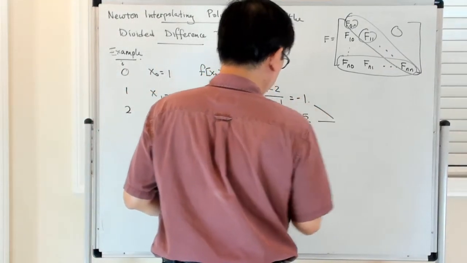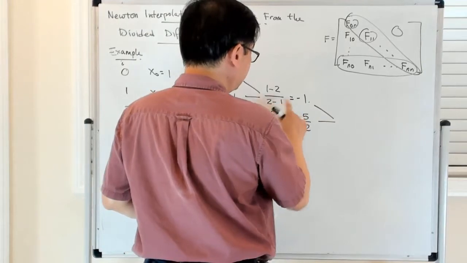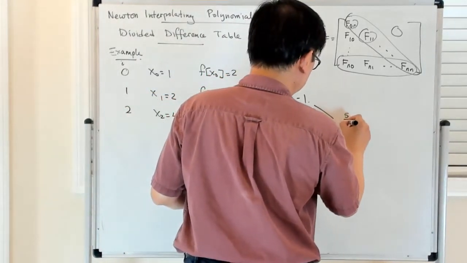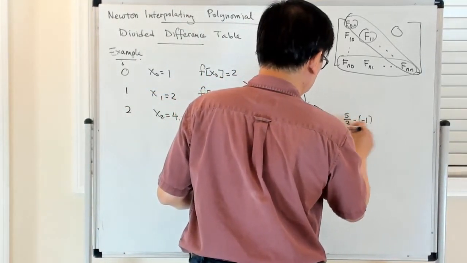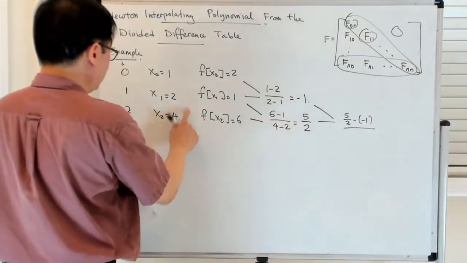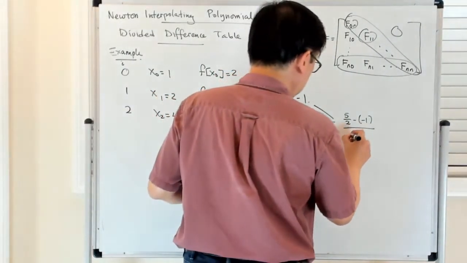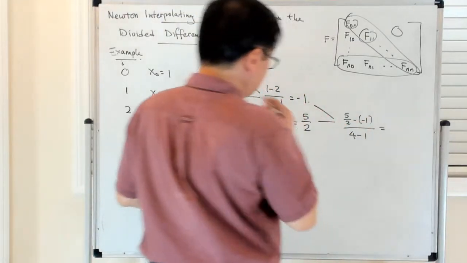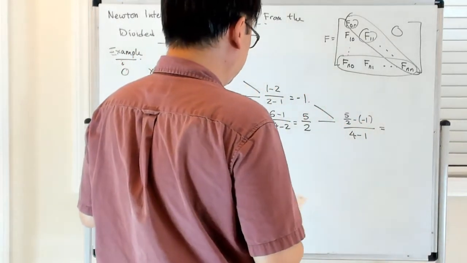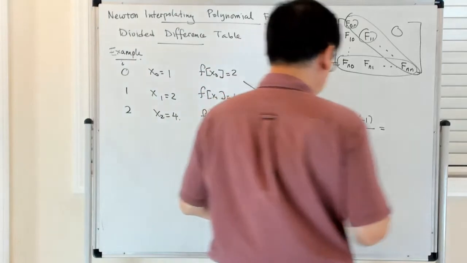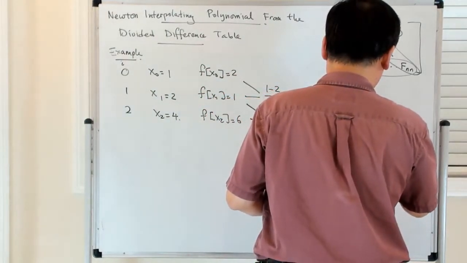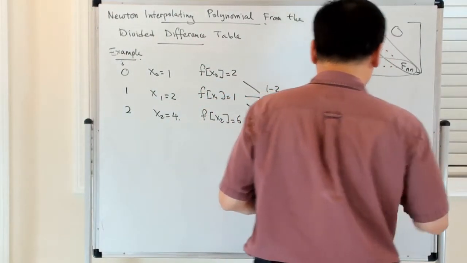And then this divided difference is 5 over 2 minus minus 1, divided by 4 minus 1. So that is 7 over 2 divided by 3, so 7 over 6.